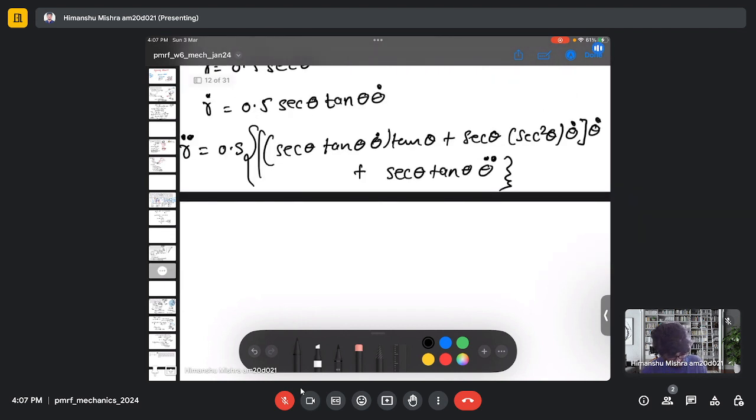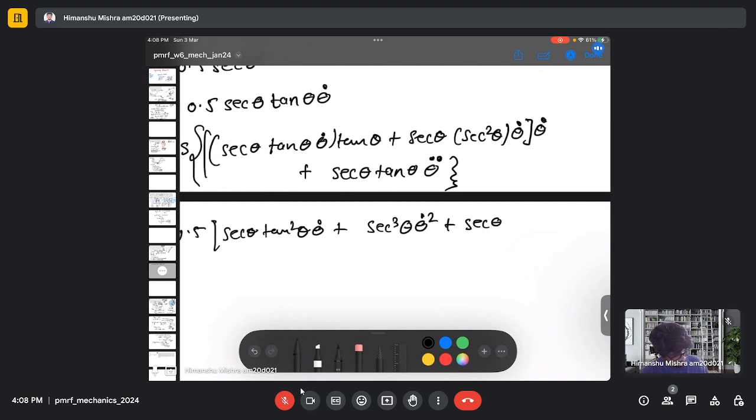So I can simplify this expression as 0.5 sec theta tan square theta theta dot square plus sec cube theta theta dot square plus sec theta tan theta theta double dot.